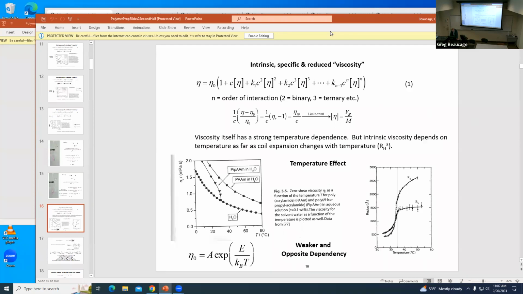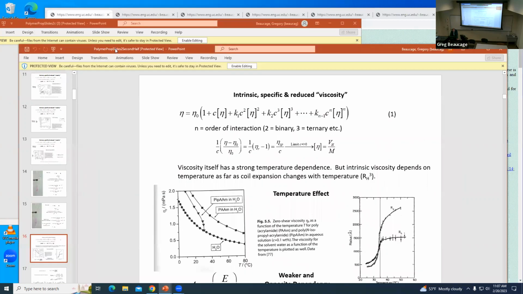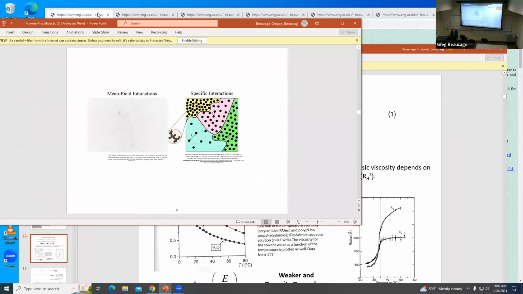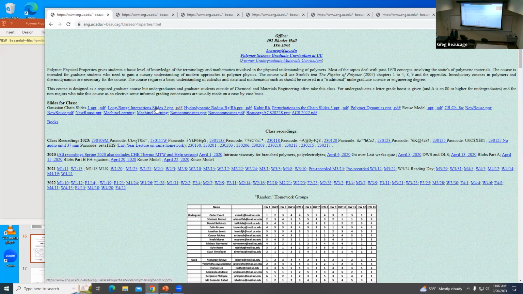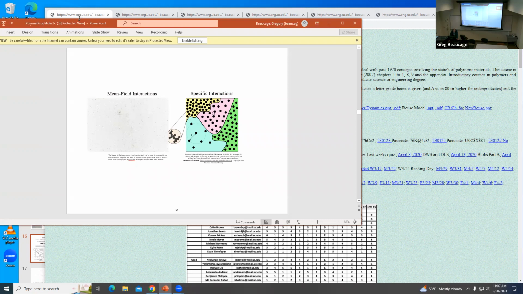So we don't have McKee on the thing here. You can ask him what he's doing. This guy's gone. That's a good question. This thing's called slides 2 second half, but when I was over here, it's called long range is 2. This is hydrodynamic radius, but when you open it, it'll be called second half.